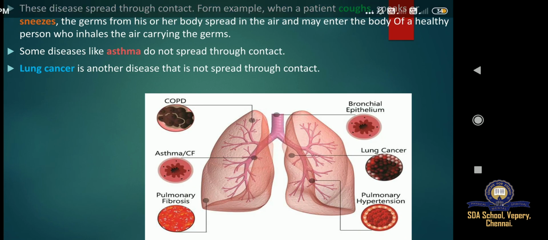Next one, asthma. It's a very common disease and it affects approximately 26 million people in the United States. Asthma occurs when the airways to your lungs are swollen. Symptoms of asthma include coughing, wheezing, chest tightening, and shortness of breath.